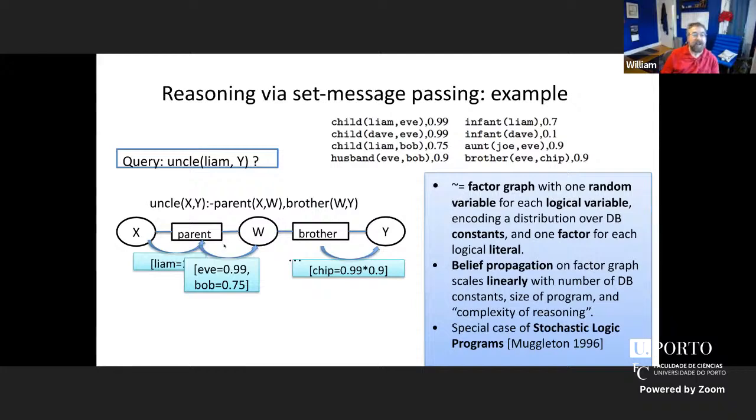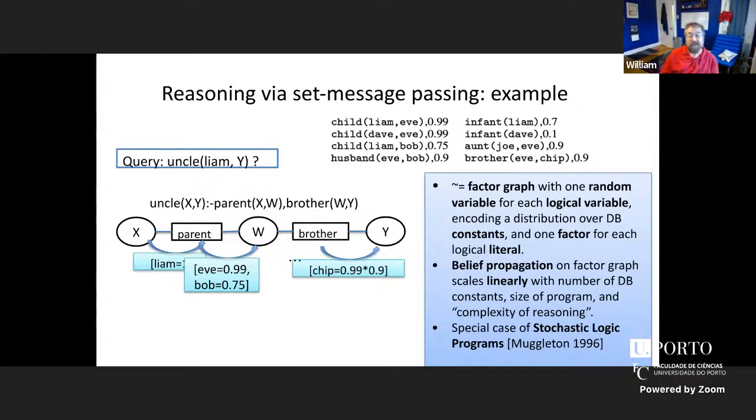And you've got one factor for every literal in your logic program, so a factor for parent and one for brother. Belief propagation is actually quite efficient on this. It scales linearly with the number of database constants and the number of logical variables you need to do the reasoning in your program. And if the program is sufficiently complex, it may scale in the number of loops or recursive iterations you have to do. So this is a much more efficient approach.